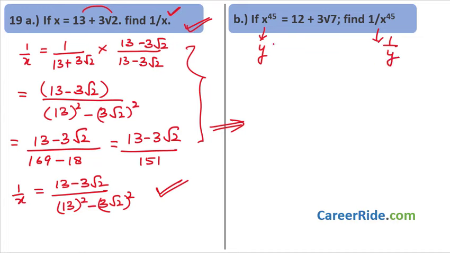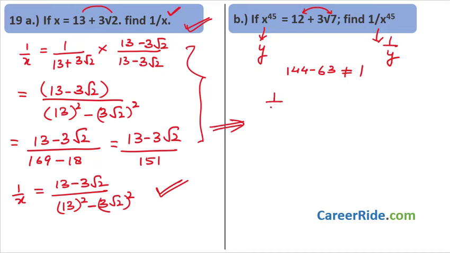Let me first try to see the difference between the squares of the two terms. It is 12 square, that is 144, minus 9 sevens are 63. It is not equal to 1. It means I'm going to get something in the denominator.